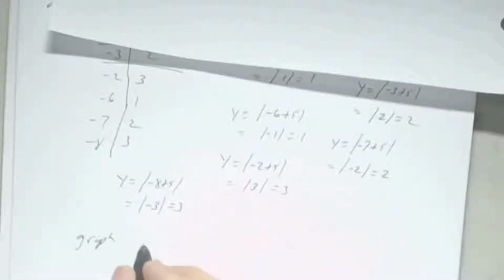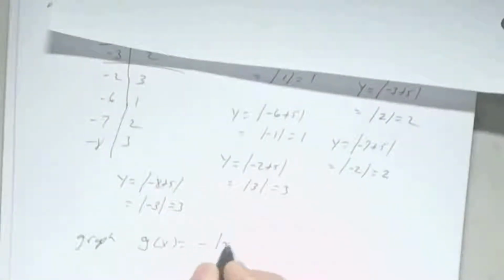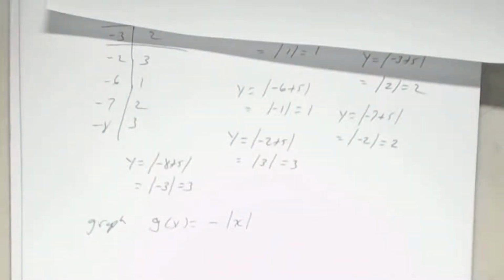Now, you can actually do MyMathLab without knowing what makes it point down, because there are no problems in MyMathLab for this section that look like this: g of x equals negative absolute value of x. So there's nothing where there's a negative out in front.